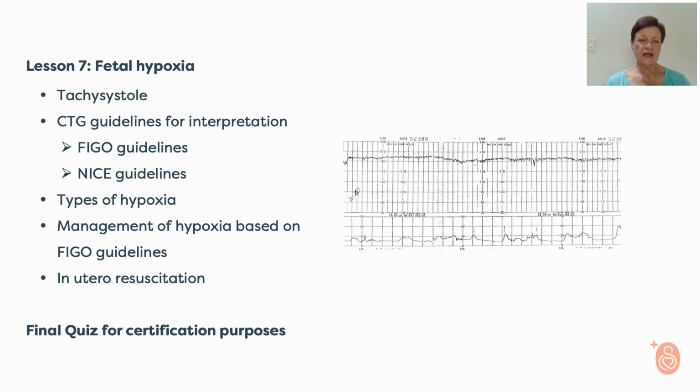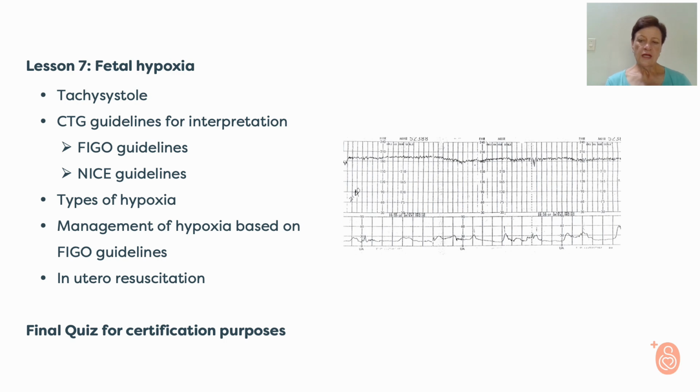We'll discuss the FIGO guidelines and the NICE guidelines very shortly. Then we will discuss what hypoxia really is, how we see hypoxia on the CTG, and how we manage it according to the FIGO guidelines. And also in general, we will talk about in utero resuscitation. What do we do when there are abnormal CTG patterns?